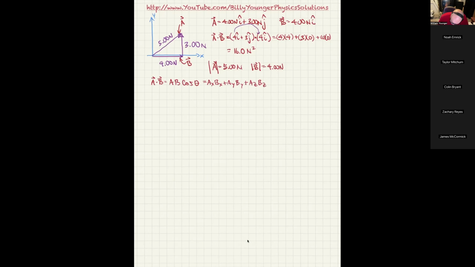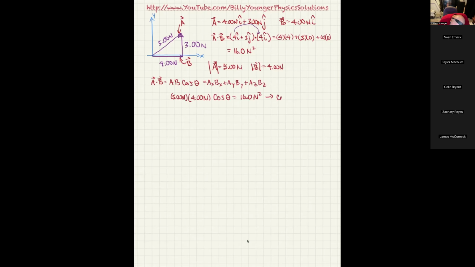Because of that, I can go ahead and fill in what I know. What I know is 5.00 newtons times 4.00 newtons times cosine of theta is equal to 16.0 newtons squared. Notice that just came from the dot product I just calculated up top.